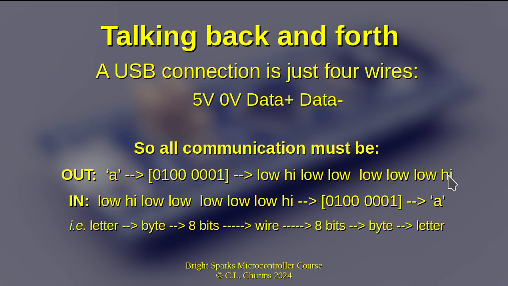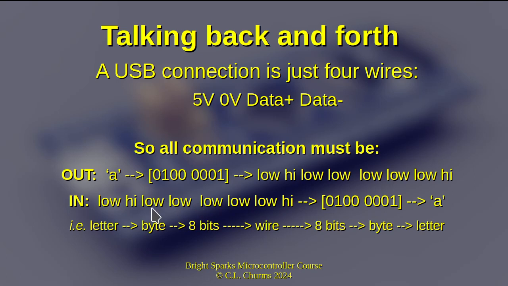Okay, right, so there's a voltage going up and down between these 2 wires. That's what we need to do to be able to send the letter A. Okay, so similarly, when we receive a letter from the Arduino, the computer will see some voltages: low, high, low, low, low, low, low, high.